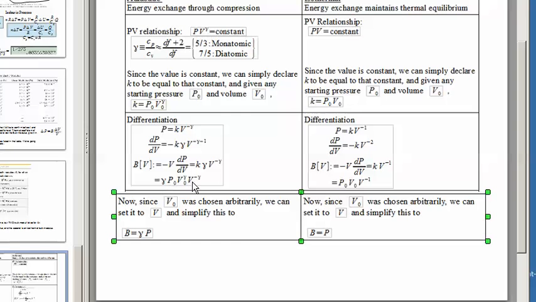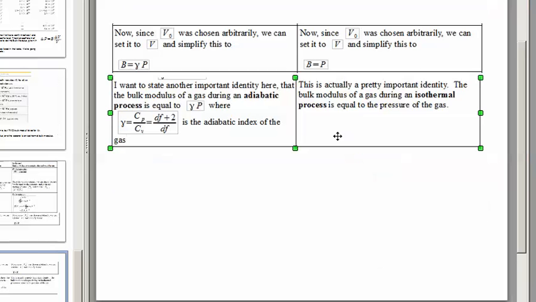Then when we multiply V to the negative gamma times V to the gamma, those cancel out, and we've just got the bulk modulus is gamma times P. So the bulk modulus of a gas during an isothermal process is just equal to the pressure of the gas, while the bulk modulus of a gas during an adiabatic process is equal to the adiabatic index of the gas times the pressure.